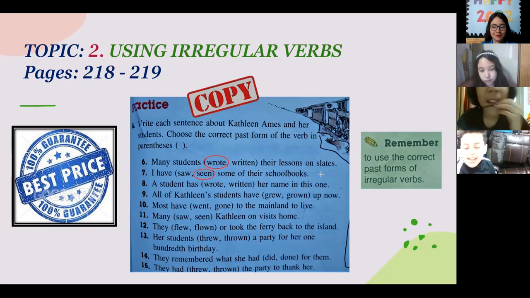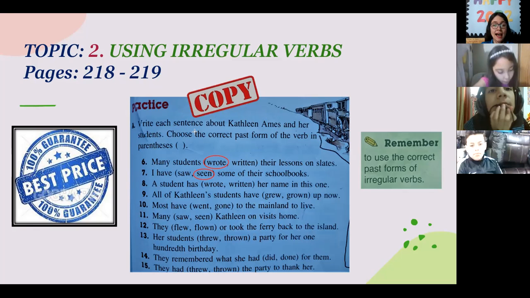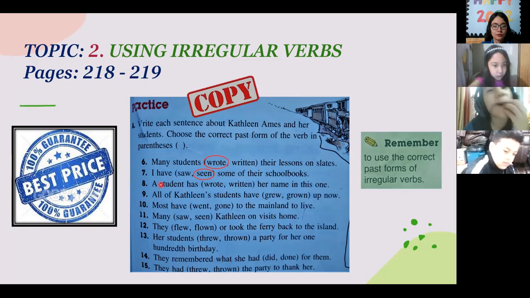What is past tense? Both are past. Saw is simple past. Seen is past participle. But why seen? We have the word have.